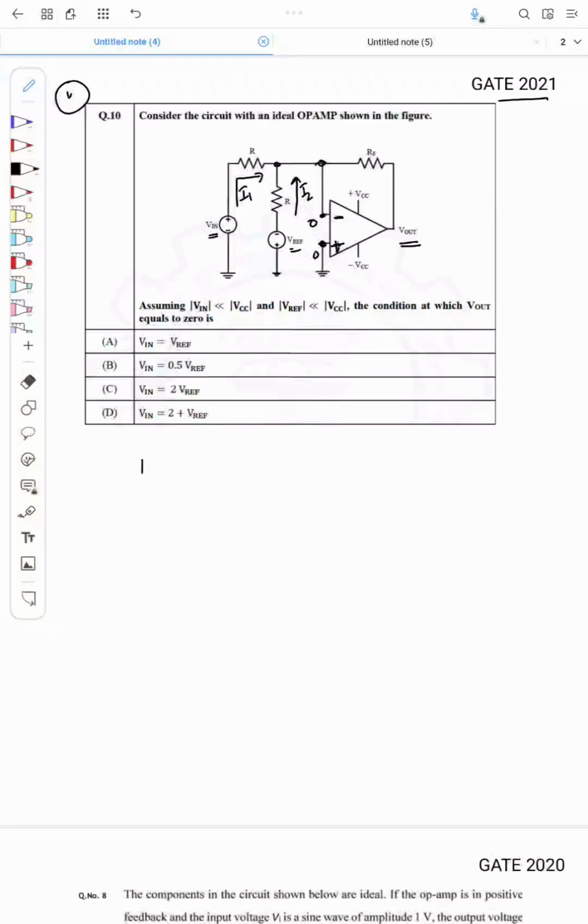The current I1 I can write from the circuit as this node voltage minus this node voltage by resistance. What is this node voltage? That is Vin. So Vin minus 0 by R, that is Vin by R, is the current I1.